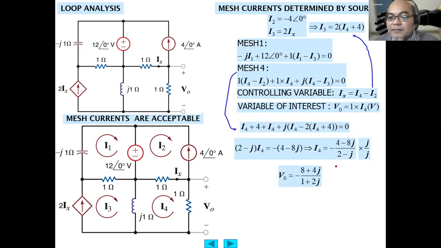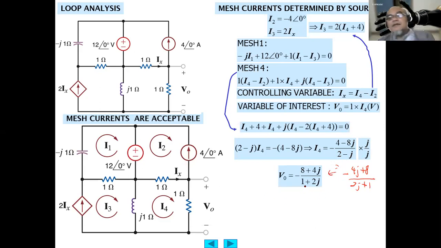I4 becomes negative 4J plus 8, since J times J is negative 1, and negative 1 times negative is positive. The denominator becomes 2J plus 1. Basically this one equals this one.